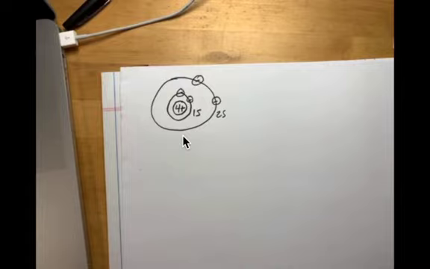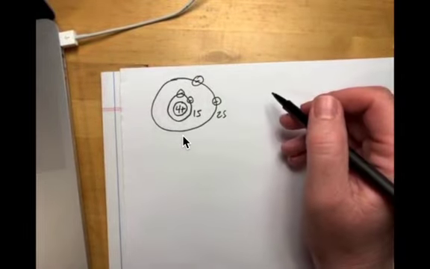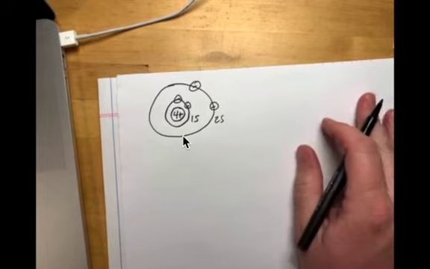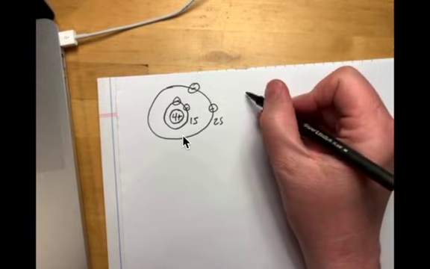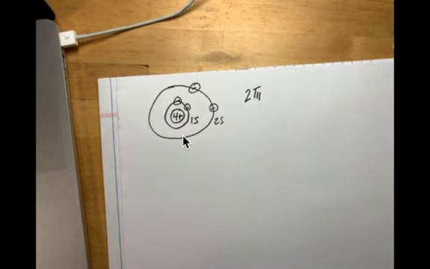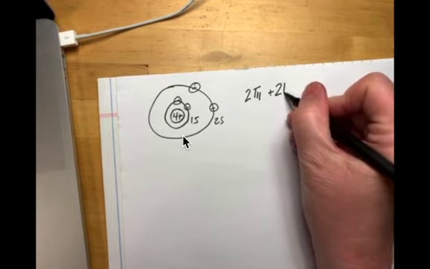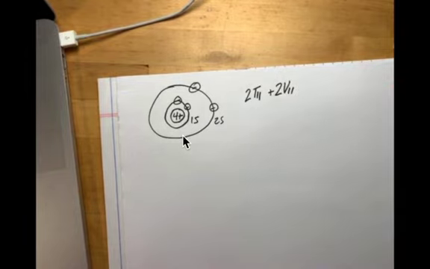So first, okay, we got two electrons in a 1s orbital. They have kinetic energy. We have two electrons in a 1s orbital.